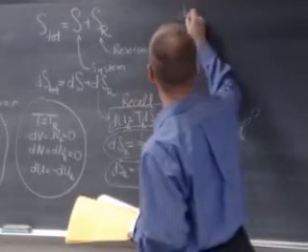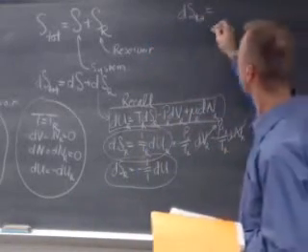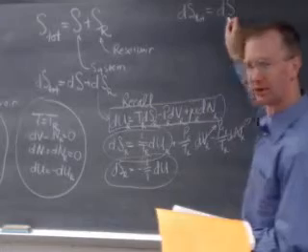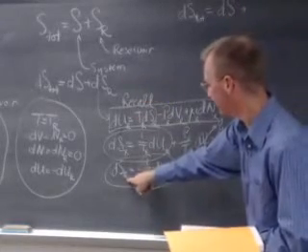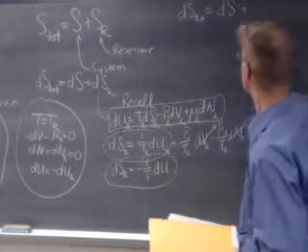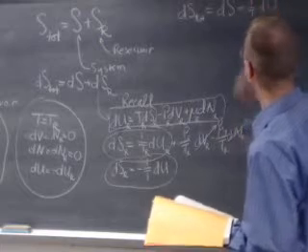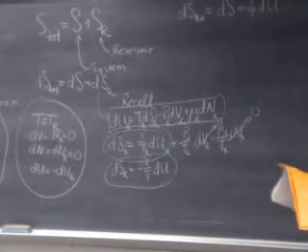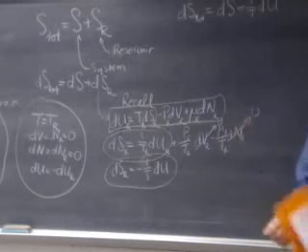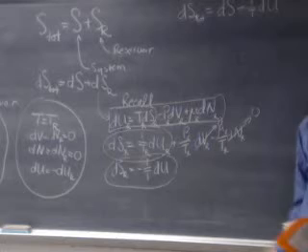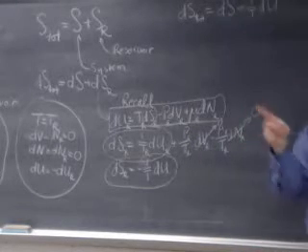Let's see. So, dS total equals dS, that's the system, plus dS_R, that's for the reservoir, negative 1 over T dU. So minus 1 over T dU. What if I factored out 1 over T from both terms on the right? Well, your first reaction would be to say that there's no 1 over T in front of the dS, and you're right.